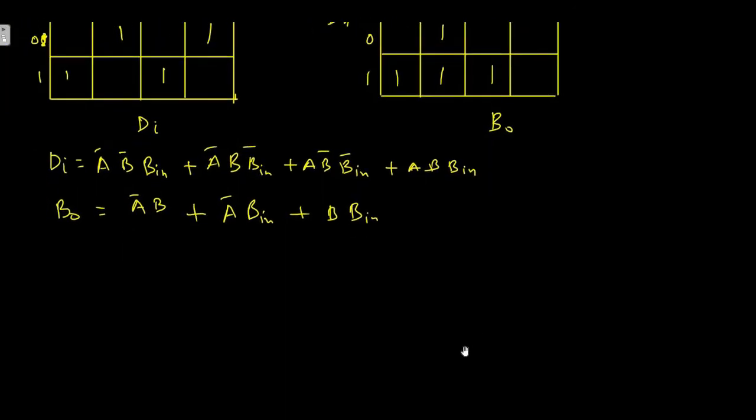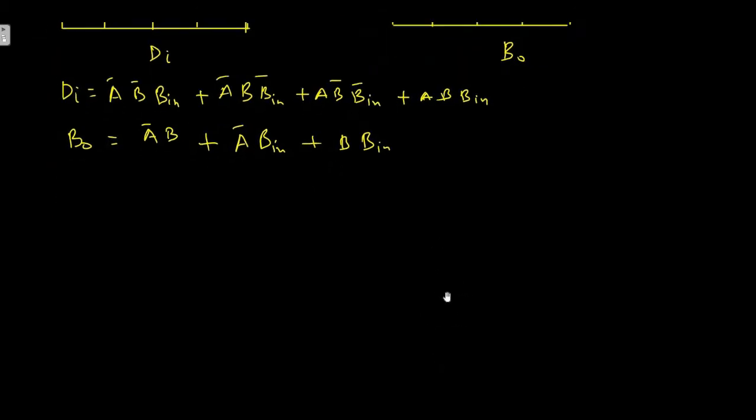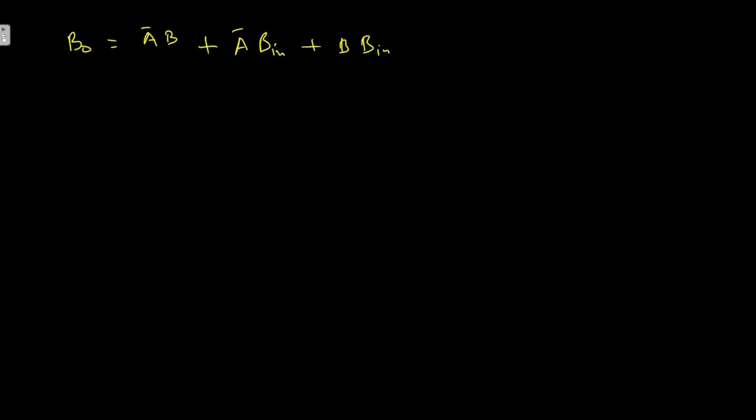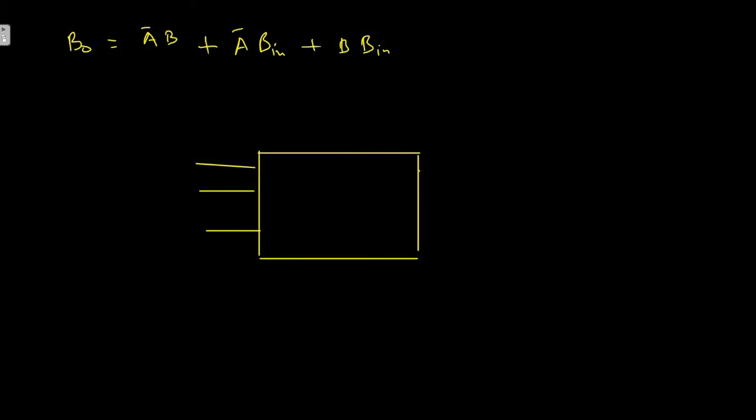After this we draw a logic circuit. Now for the full subtractor there are three inputs. So in the block diagram we give three inputs and two outputs.